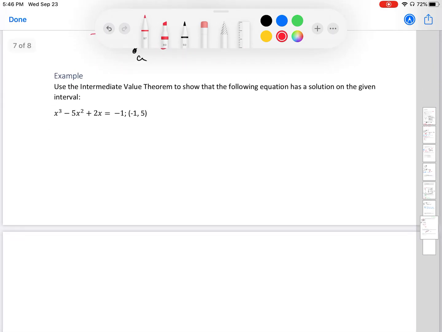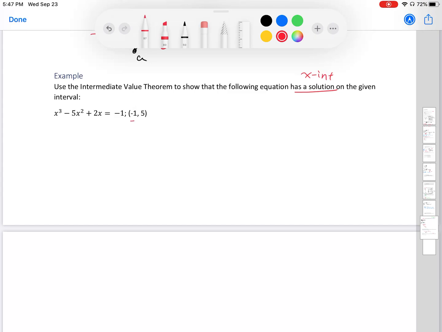Let's do an example. Use the intermediate value theorem to show that the following equation has a solution on the given interval. A solution means that I have an x-intercept, a value for x. So according to my intermediate value theorem, I just need to show that I cross my x-axis.